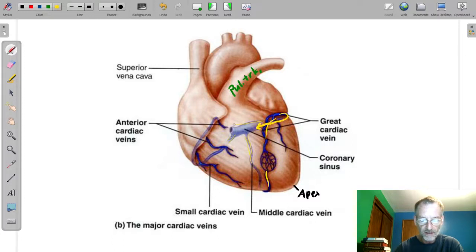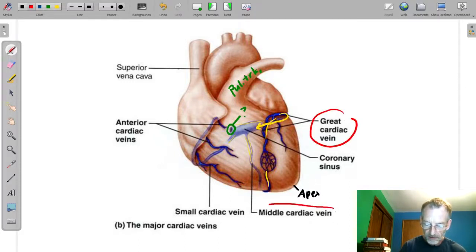They're rather faint because they're trying to show that it's behind the heart. And you could tell me where this hole is going. So there are the great cardiac vein, the middle cardiac vein, and the small.